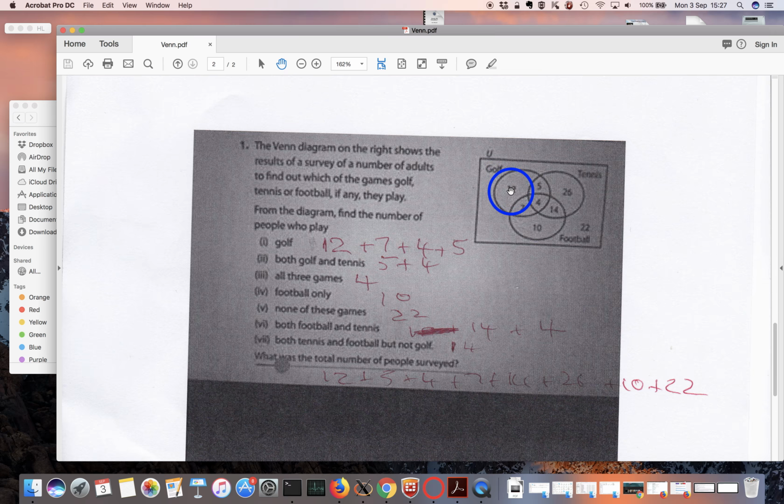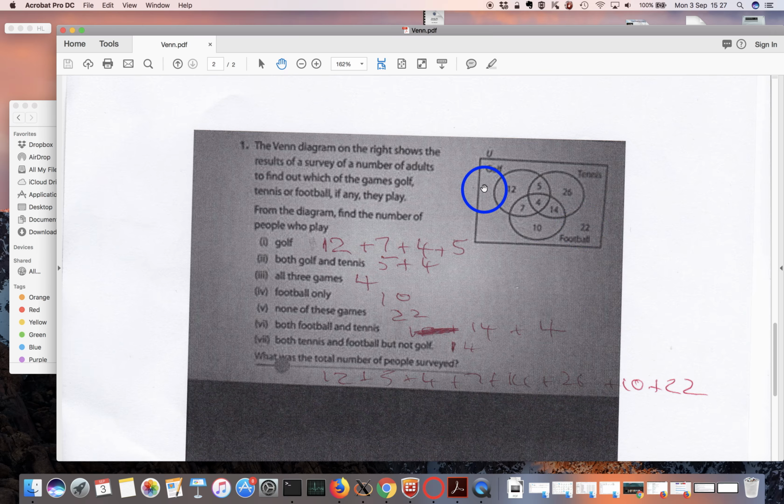They don't play any other sports. And then there's 5 here in the intersection between the golf and the tennis bubbles. You have 5 people who just play golf and tennis. And then here we have this 22 number, which counts the number of people who don't play any sports at all.